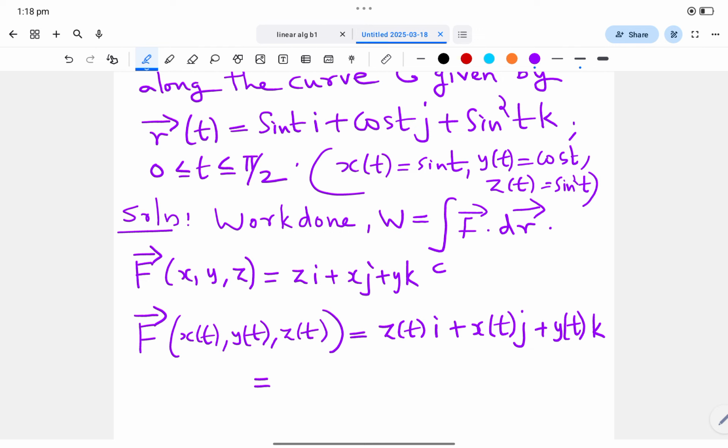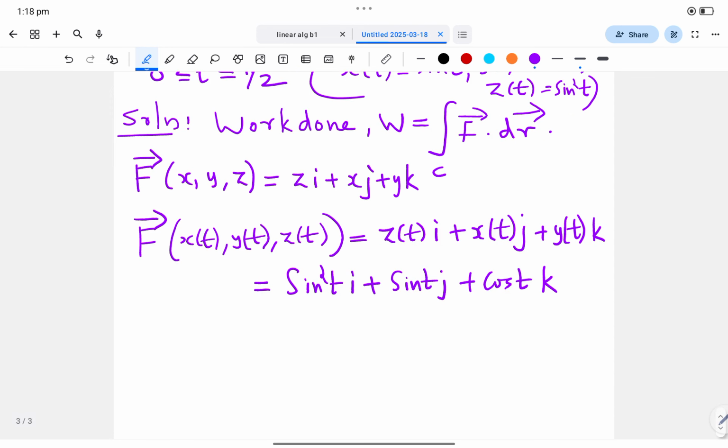Therefore, substituting these values in the expression for F, z of t is replaced by sin square t, x of t is replaced by sin t, and y of t is replaced by cos t.